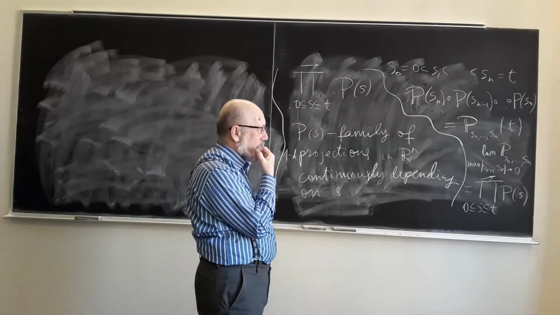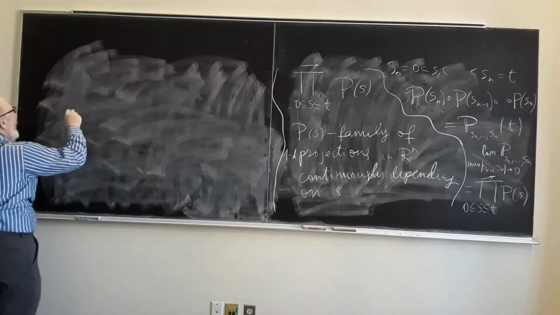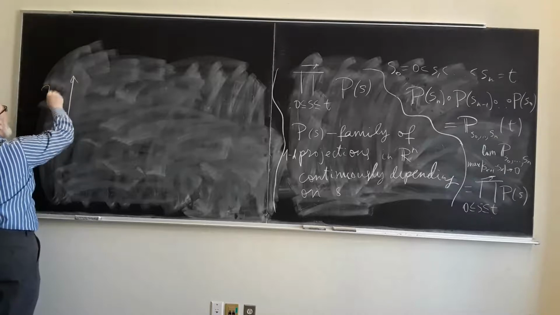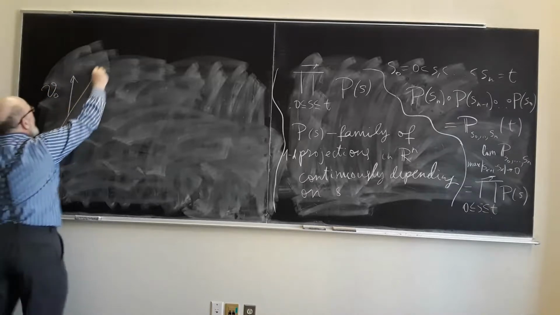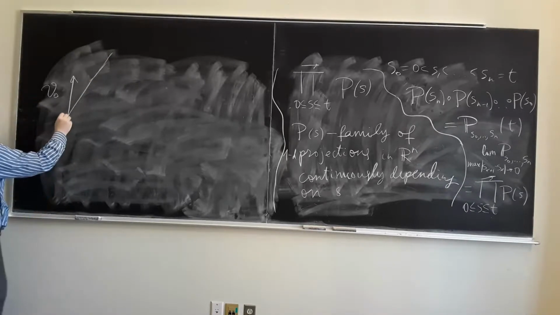What is this? We have a vector, say V0, and then we project it on the line at the point S1.